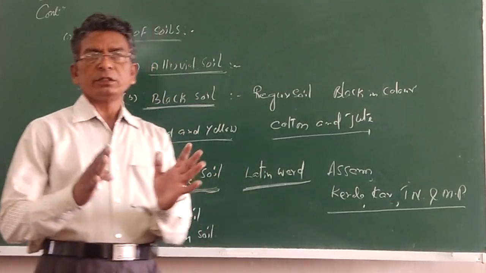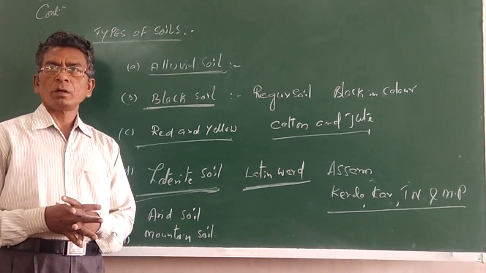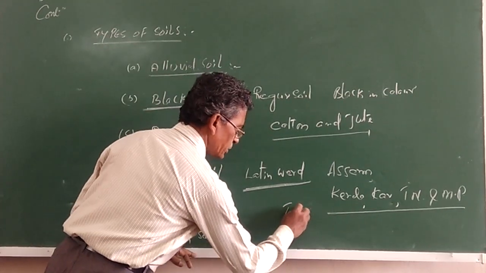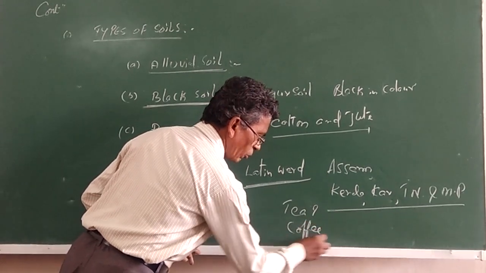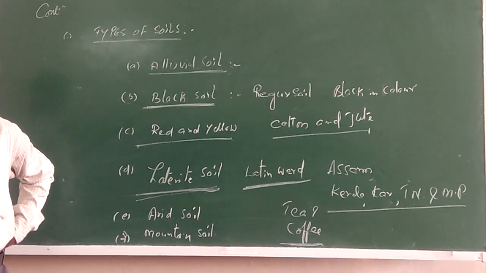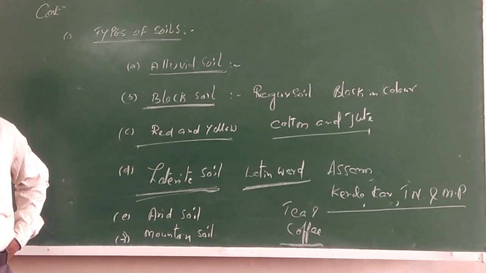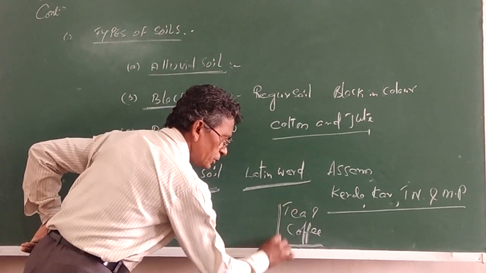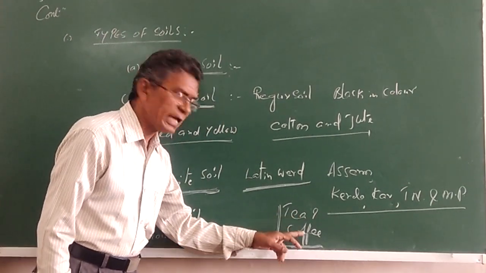So this region is suitable for cultivation of tea, especially tea and coffee. They are the best examples of plantation crops. So this region can mainly be used to cultivate tea as well as coffee.